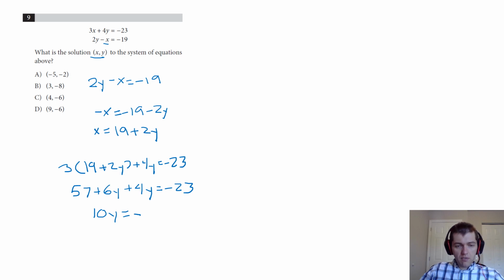That will be negative 80. You can solve y is equal to negative 80 divided by 10, which is negative 8. And at this point you can see, okay, y has to be negative 8. Go over to your possible solutions. There's only one that has negative 8 as a solution. You don't have to go back and solve for x. You can say right there, B is the correct solution.